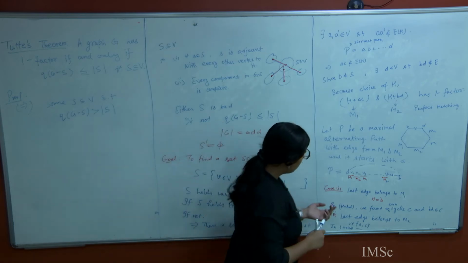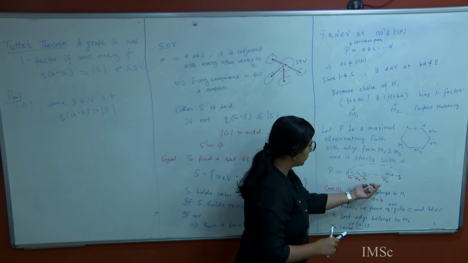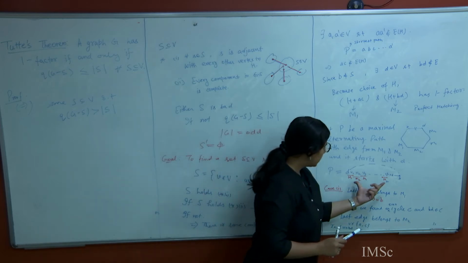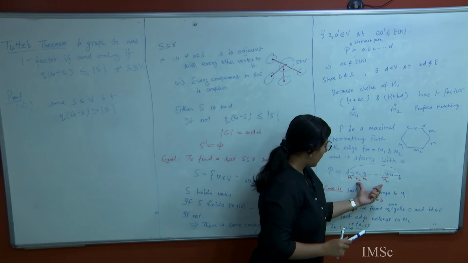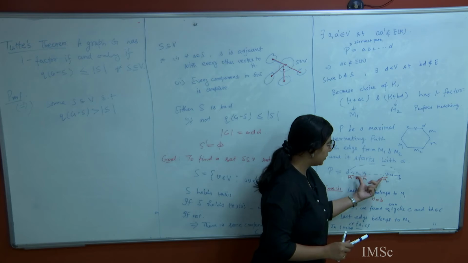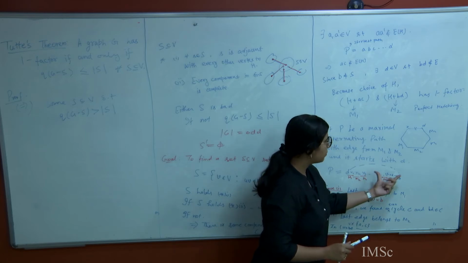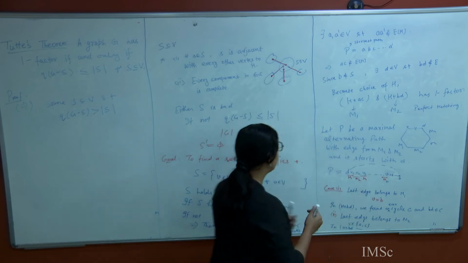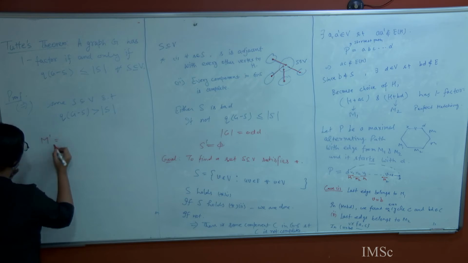Okay, so let us look at the second case first, because from here we can see. In the second case, I am saying M2 saturates every vertex except B and D, right. So, I want to define a new matching.